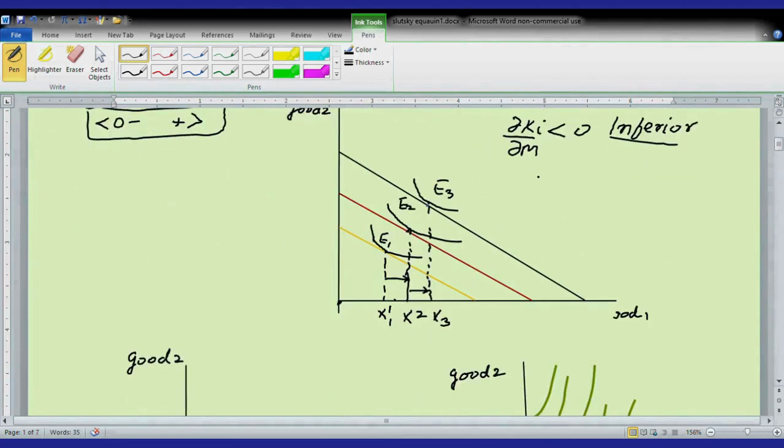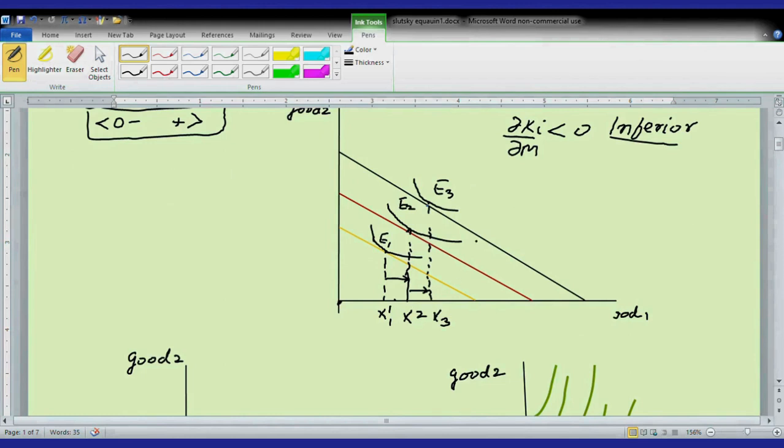So if we were moving from smaller incomes to larger income, then we were moving from the consumption of good 1 as x1 to x2 and x2 to x3. So as income increases starting from E1, consumption of good 1 increases.